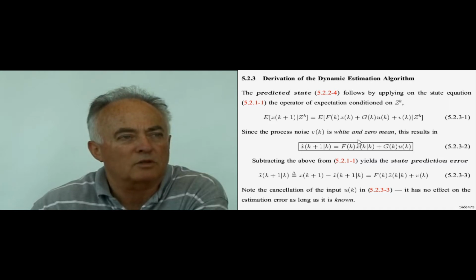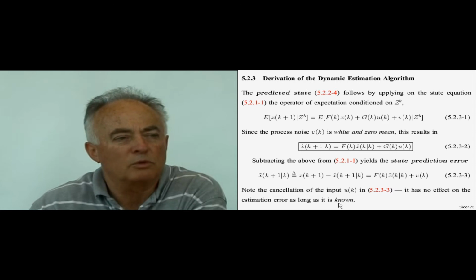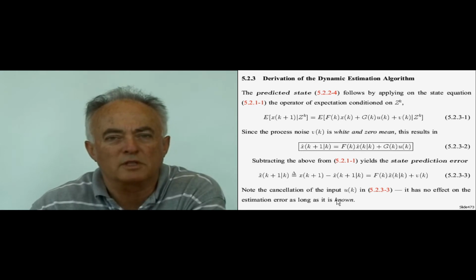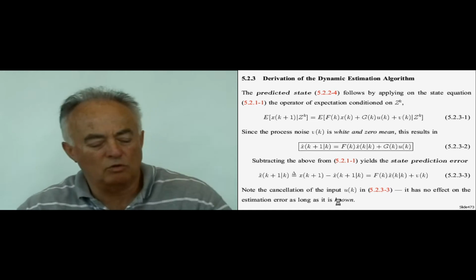You have an fk xk minus fk x hat kk, that is an fk x tilde kk. The gk uk cancels, and we have a vk here. So there are two terms left. The known input cancels out, obviously. It is used, but has no contribution to the covariance, because all it does is shift the mean by a known quantity.